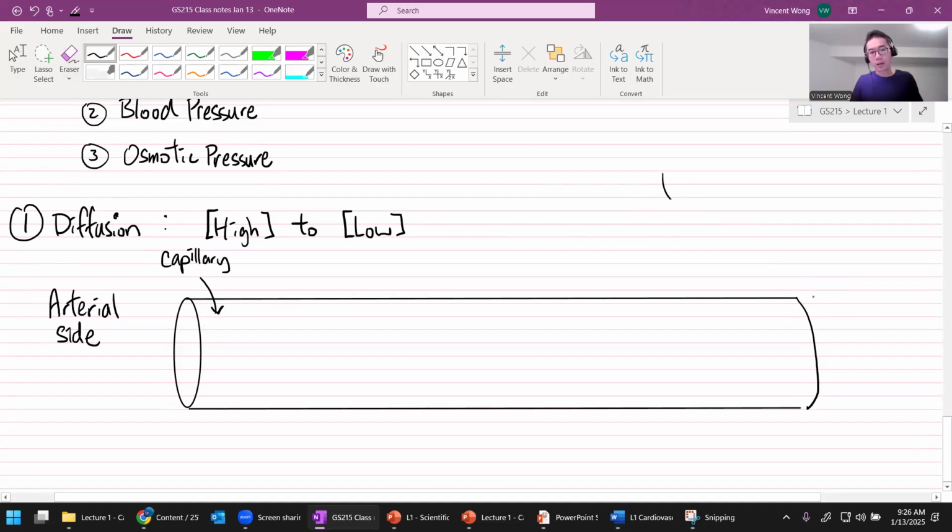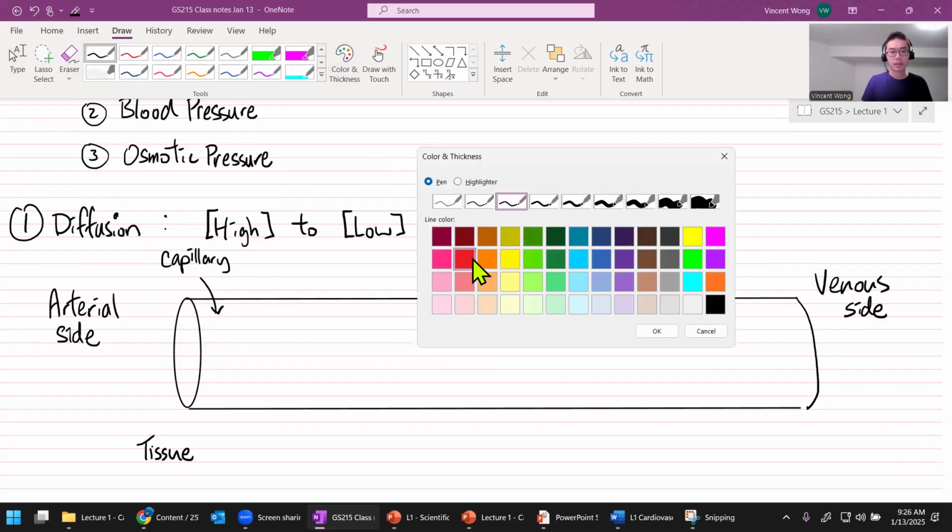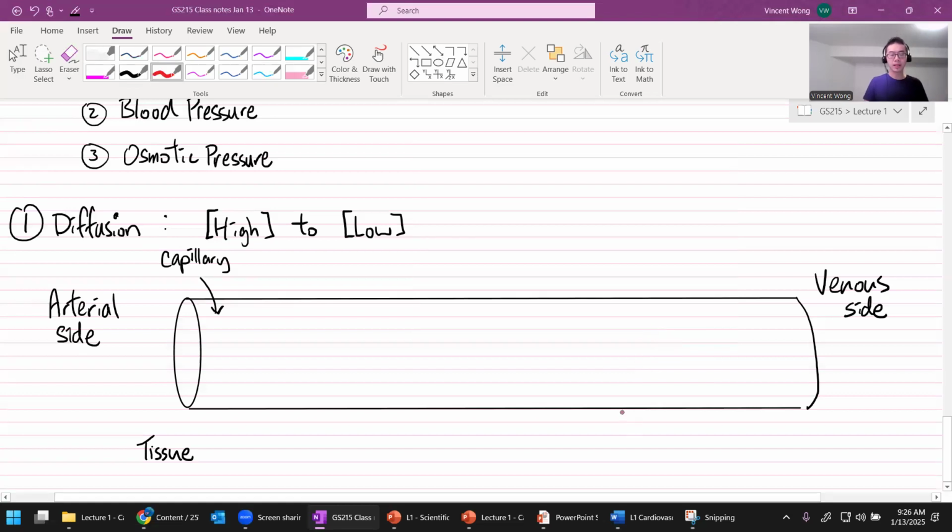And over here, this is the venous side. Out here is the tissue. So we're looking at a systemic capillary.